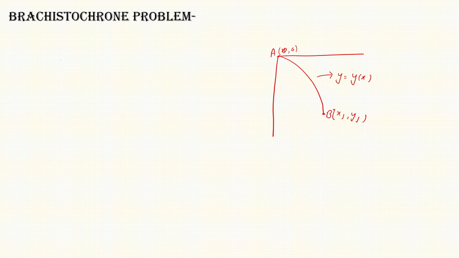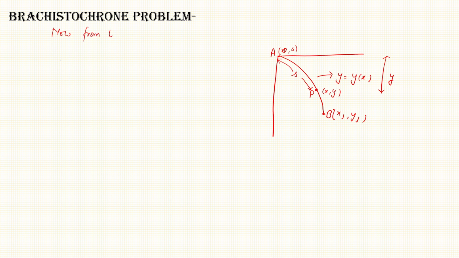Let at any state the position of the particle be P. Coordinate of P is (x, y). Distance traveled by the particle in this time is s. Clearly, this height will be y.